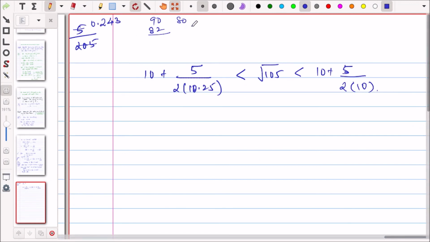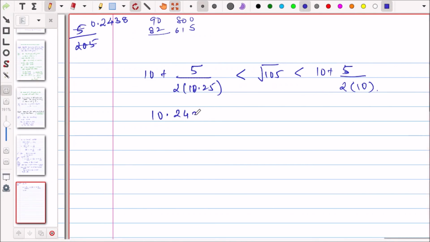So अब 3 से करोगे तो 615, right? So this you will 800 here, so what you get is 195, almost 9 is 8 या 9 आ जाएगा. So this is approximately 10.243 या 39 कर दो, चलो closest है 39 कर दो. So make it clear, which is less than root 105, and this is 10.25.